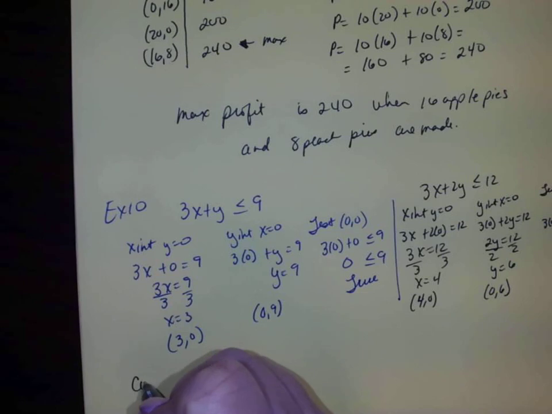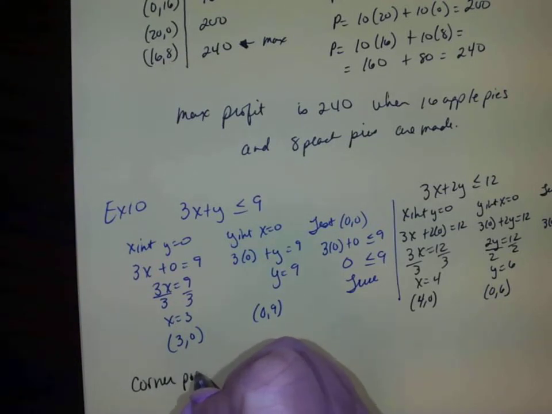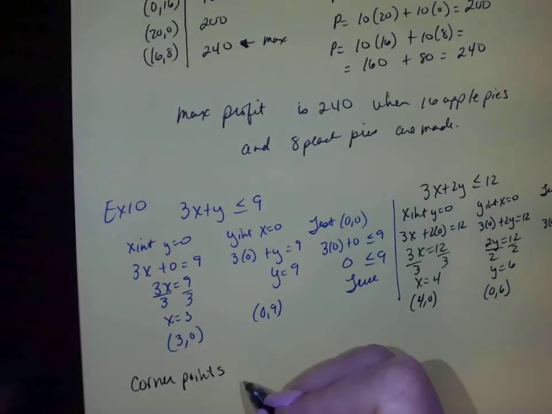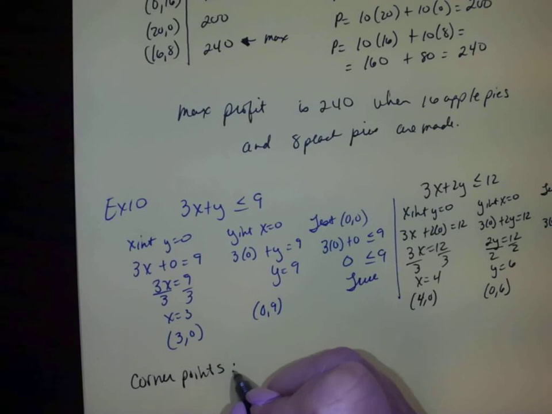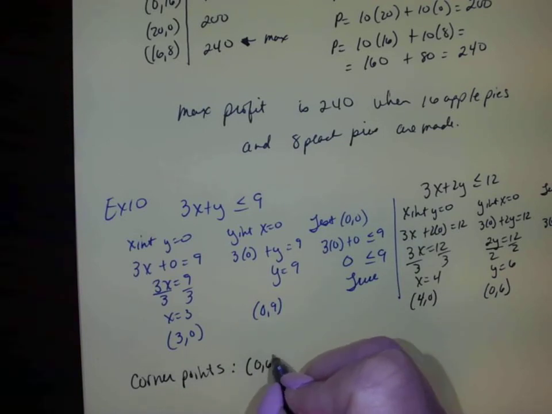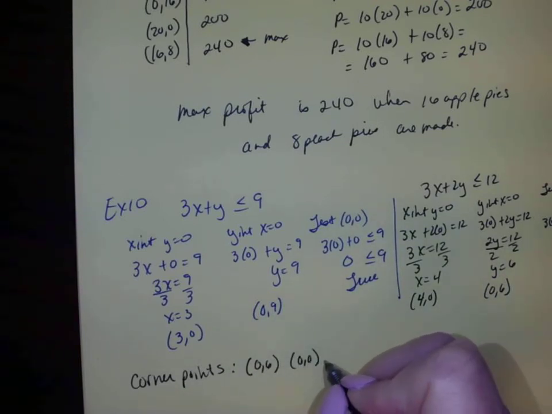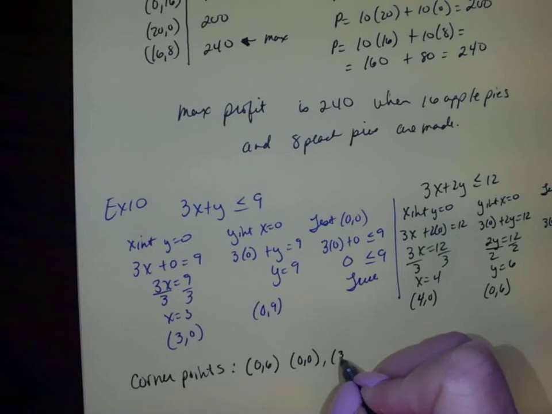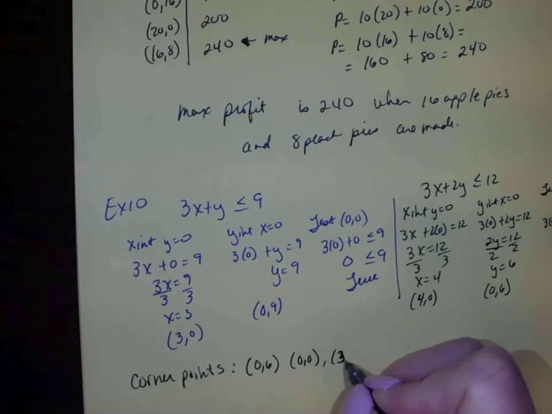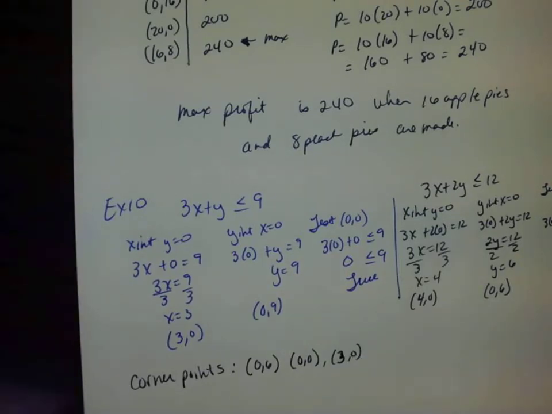So the corner points that we know are our intercepts of (0, 6), (0, 0), and (3, 0). Those came off of the x and y intercept and the origin.